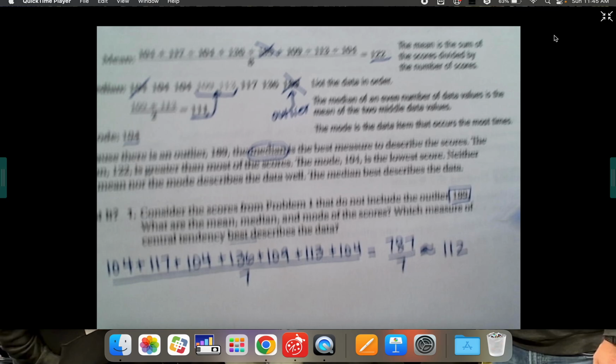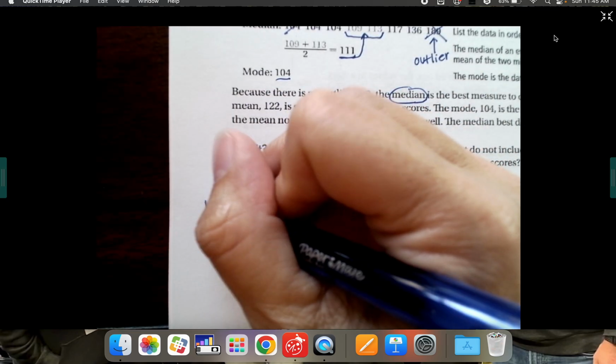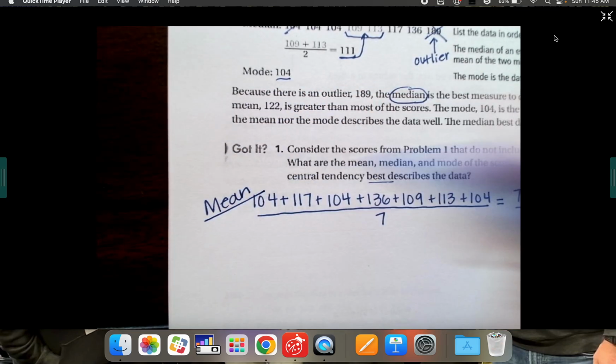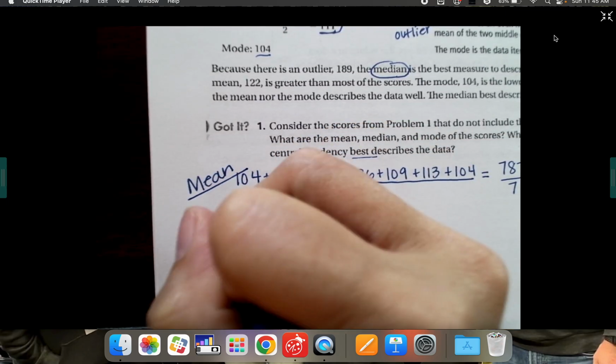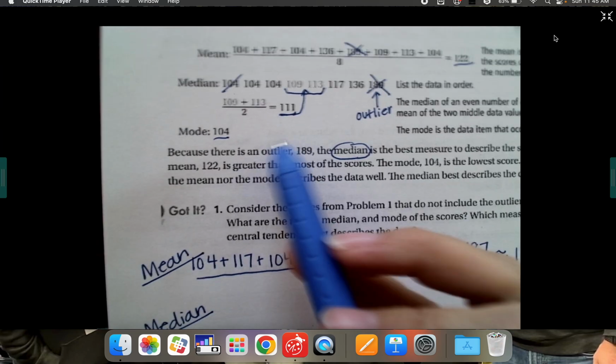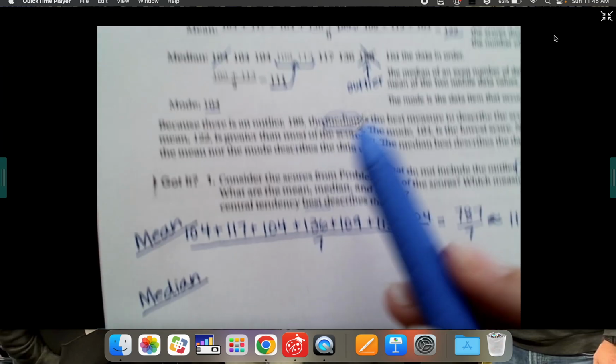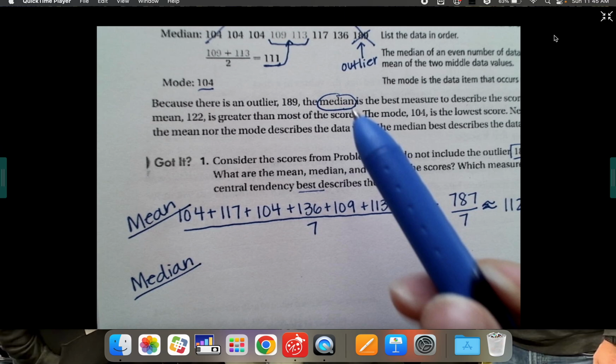So that completely changed our mean. From 122, it's now 112. And again, this is the mean. Okay, now let's check out the median. Remember, in order to find the median, your scores have to be in order from least to greatest. So I'm going to just copy these down again up here because they're already in order.